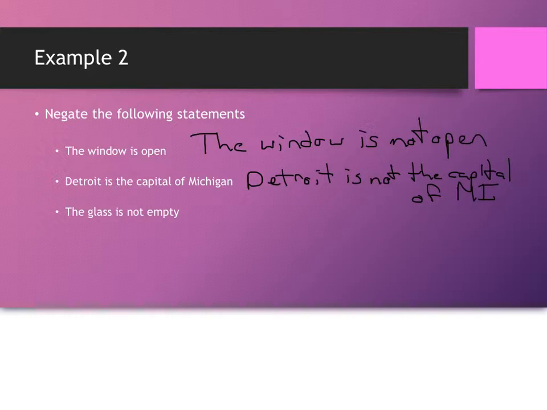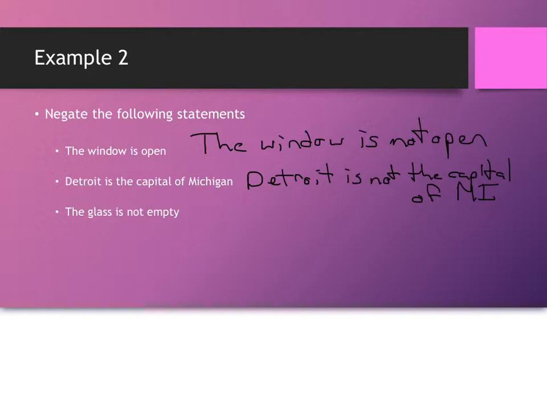That's not negating Detroit is the capital of Michigan. That doesn't negate the statement. Obviously, we all know that there's one capital, but the negation of the statement, Detroit is the capital, is Detroit is not the capital.